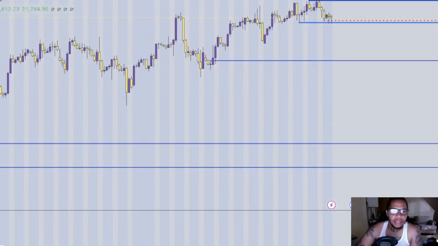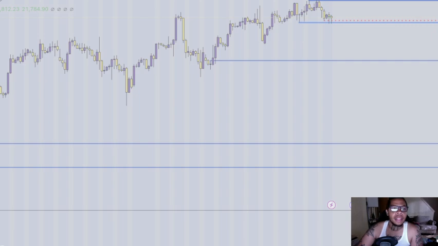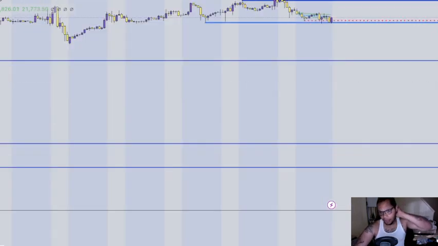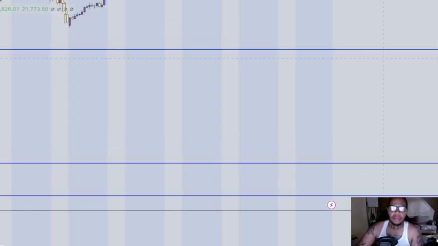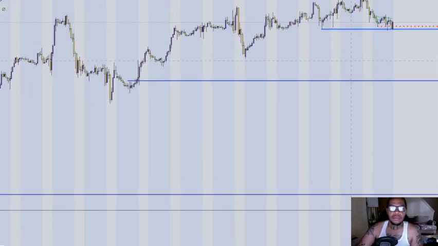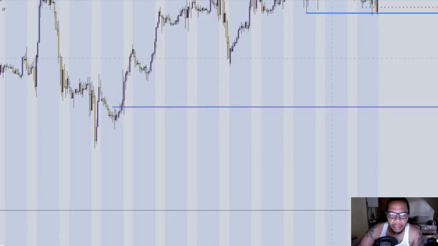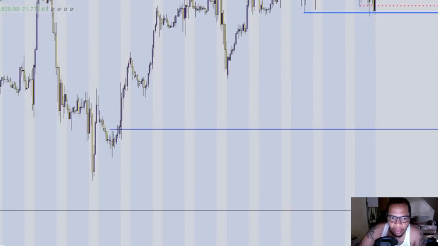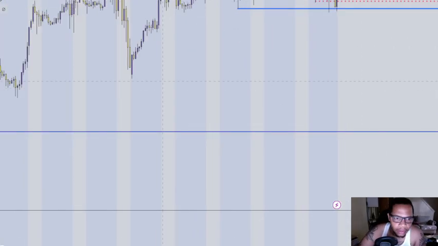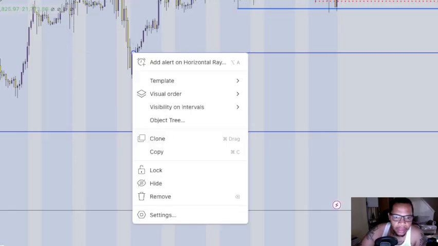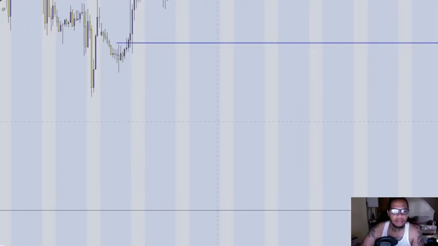Let's go down to the H1. Now this is usually one of the last higher time frames that I use, because this gives you a good picture of more inner, quicker moves. So H1, we got one right here. Just mark all your stuff out.